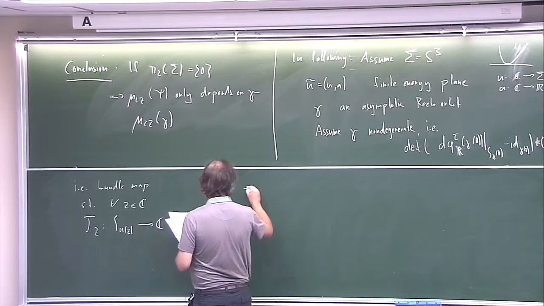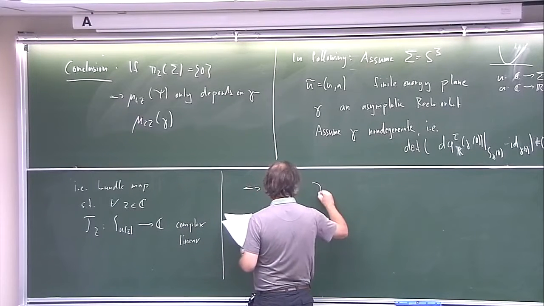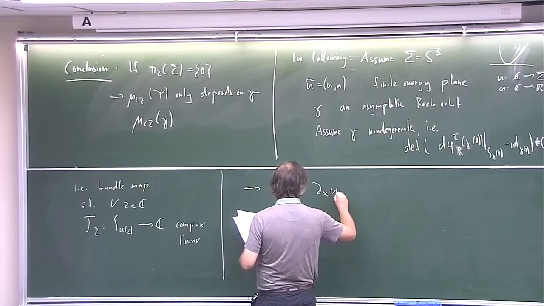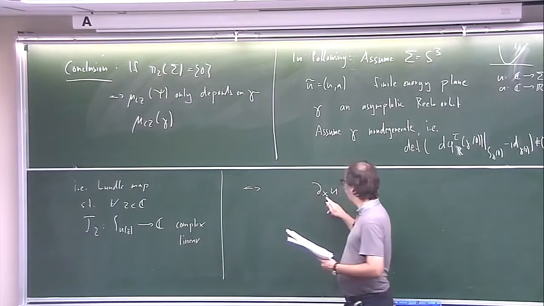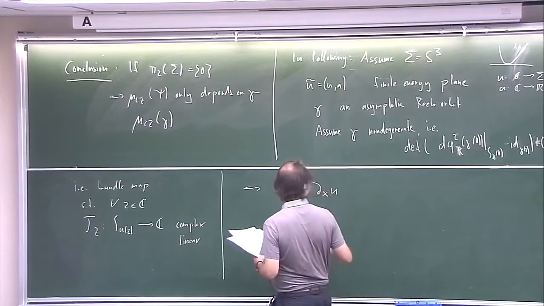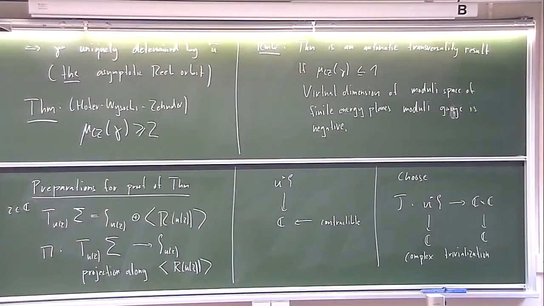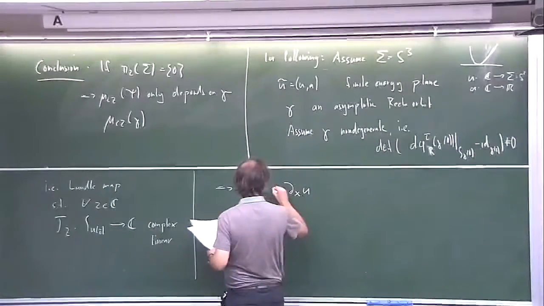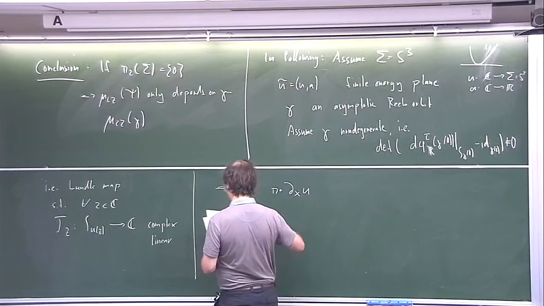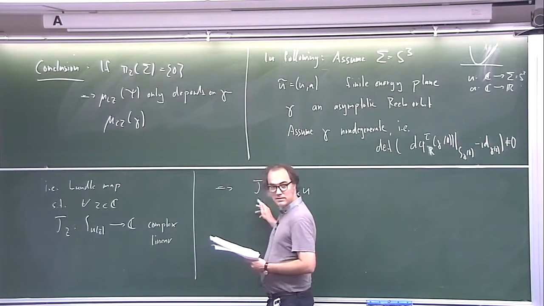And then we first look at the partial derivative of u in the x direction. This lies in the tangent space of the three-manifold. So then we project to the hyperplane distribution, and then we apply the trivialization.